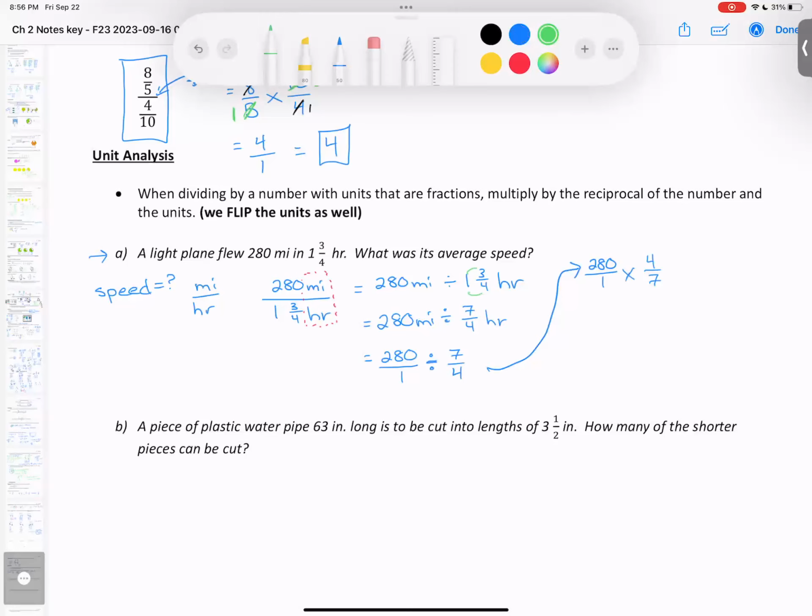I think that should be 40. 280 divided by 7, yes, is 40. So we can simplify here to 40 and 1. And then the math is pretty easy, because 40 times 4 gives us 160 over 1, which is 160. So our answer then, don't forget your units in your final answer. Here it would be in miles per hour, and we would say that is the speed.